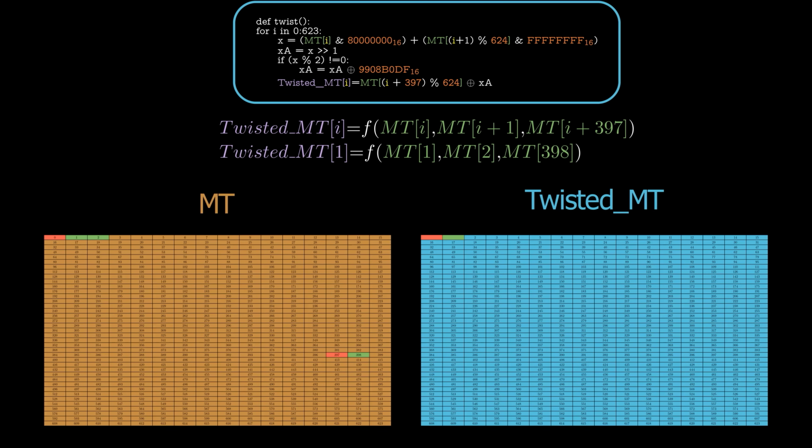When I is 1, it evaluates to 2. And the third expression to evaluate is I plus 397 mod 624. And when I is 1, it evaluates to 398. Therefore, the 3 values that it depends on are empty of 1, empty of 2, and empty of 398.